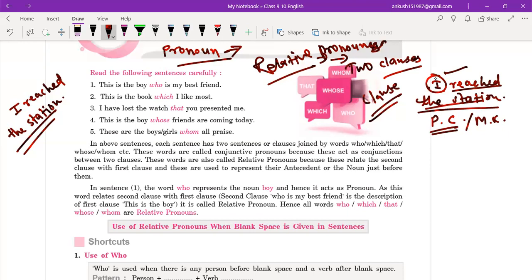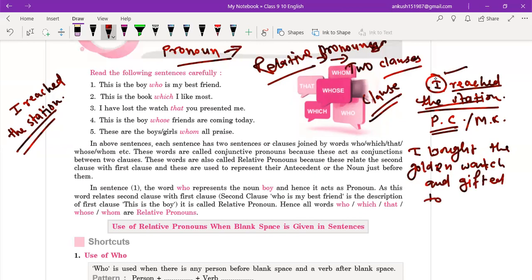But whenever we say, like, I bought the golden watch and I gifted it to my friend, there are two sentences and they are joined with a conjunction and.